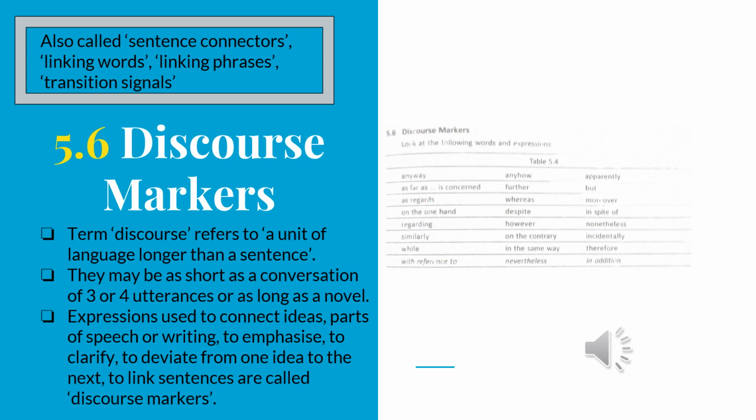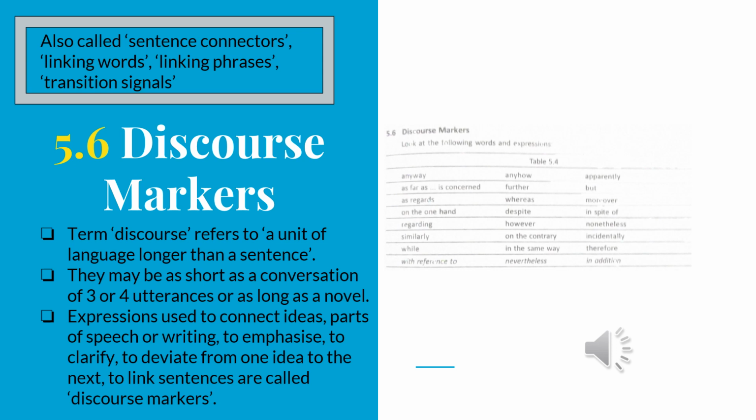Linking words help connect one word to another word, or phrases. Or it can be a transition signal, that is we are moving from one idea to next, like we use words like firstly, secondly, so we know that okay, this is a transition from the first point to the second point. So such words are called discourse markers.